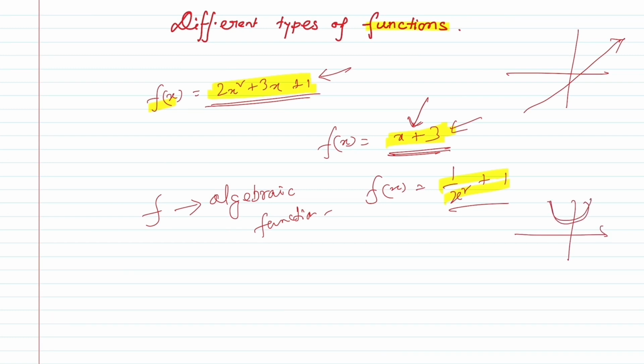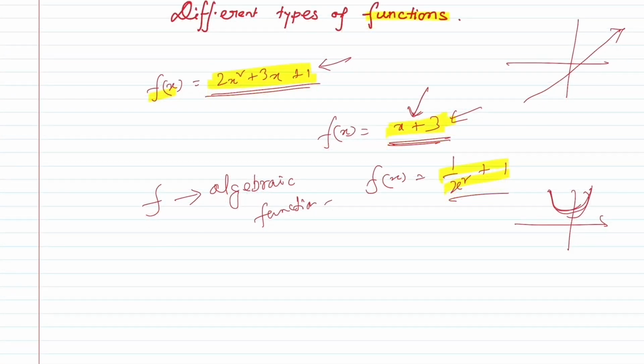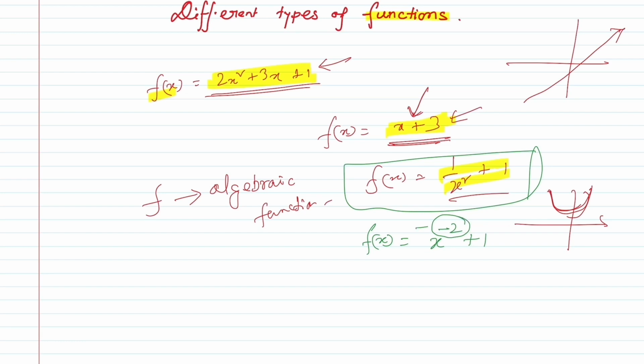Now in this function, f(x) is equal to 1 by x² plus 1, it can be written as f(x) is equal to x to the power minus 2 plus 1. The power on this variable is negative, so this expression is not a polynomial.